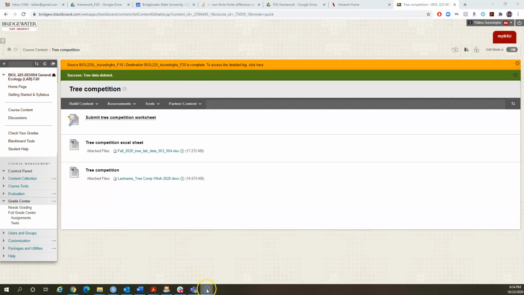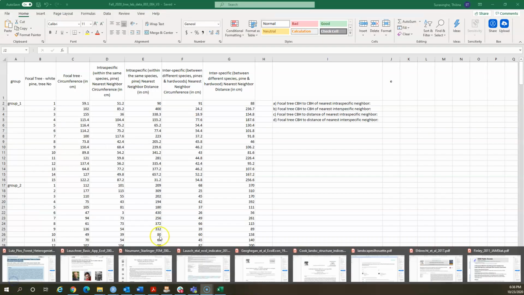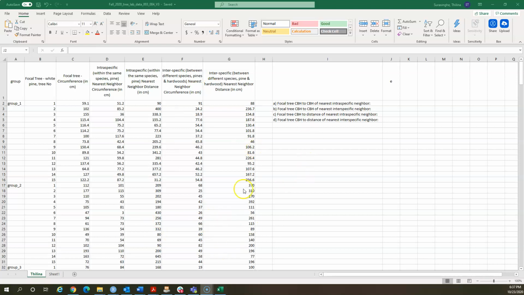Let's go back to our Excel sheet and start doing some analysis. This is the Excel sheet that you will be working on. This is how you see it: first column, the group, and I explained all of these columns in the previous lecture, so it is exactly the same, with data.